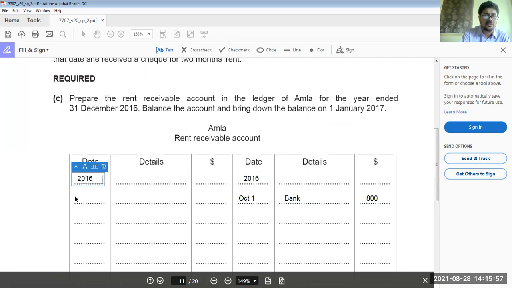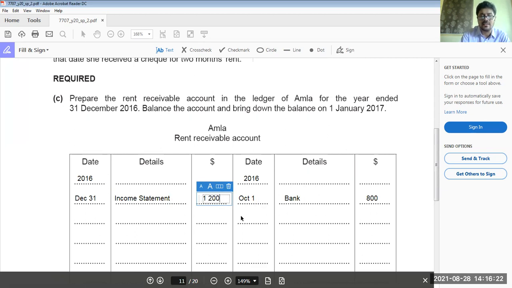But on 2016, December 31st, transfer to income statement would be for 3 months because the third month rent, the December rent, is not yet received, but it is earned. So it is going to be transferred, 1,200.